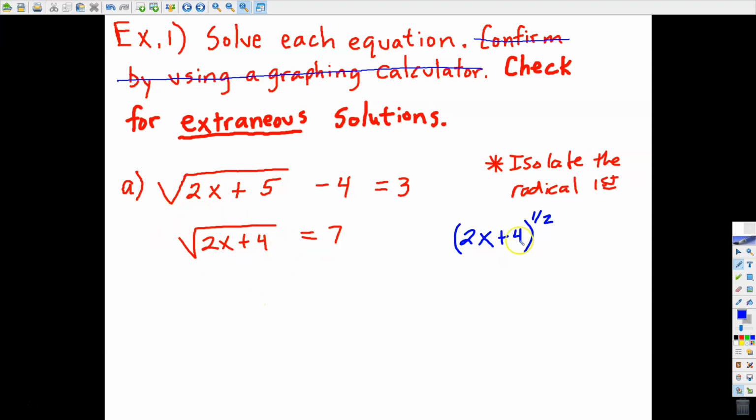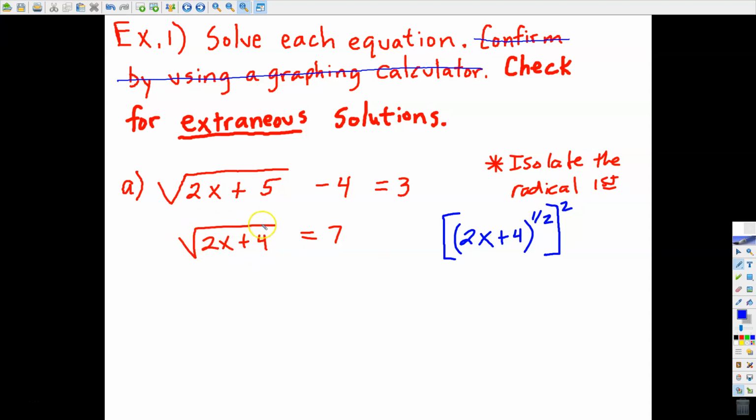If you remember that exponent rule that says when one power is raised to another power, we multiply those powers together, then raising to the 1/2 and its inverse multiplied together would produce 2x plus 4 to the first, or just 2x plus 4.